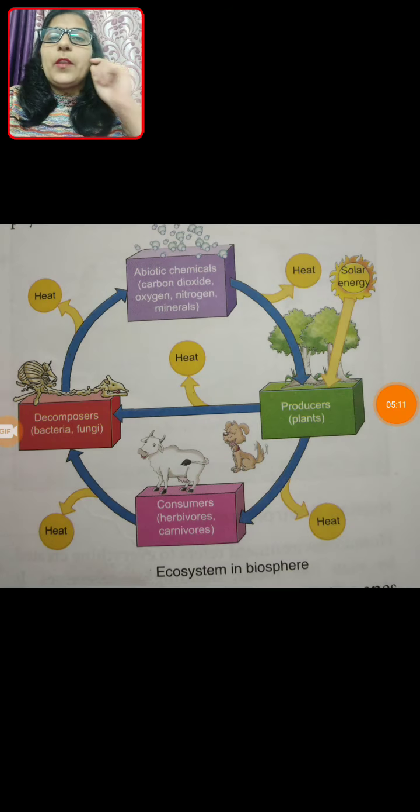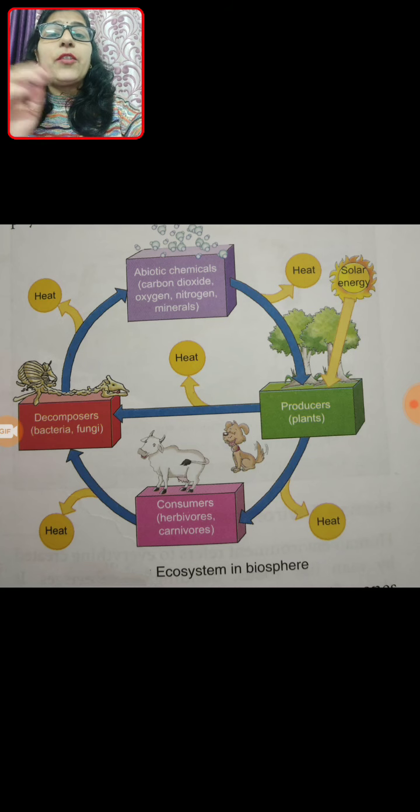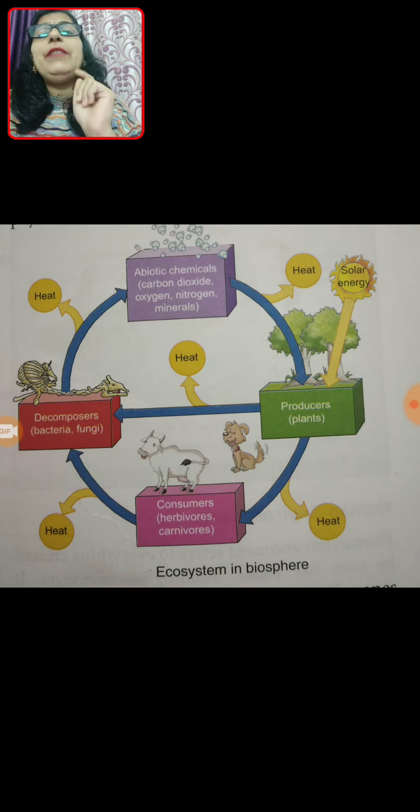Elements of the ecosystem interact with each other. All the biotic, meaning all living components, are dependent on each other and interact with abiotic, meaning non-living components. That means all living components interact with non-living components.